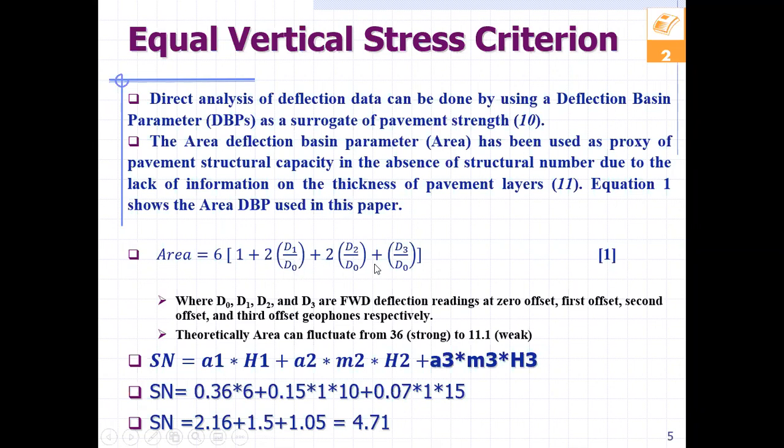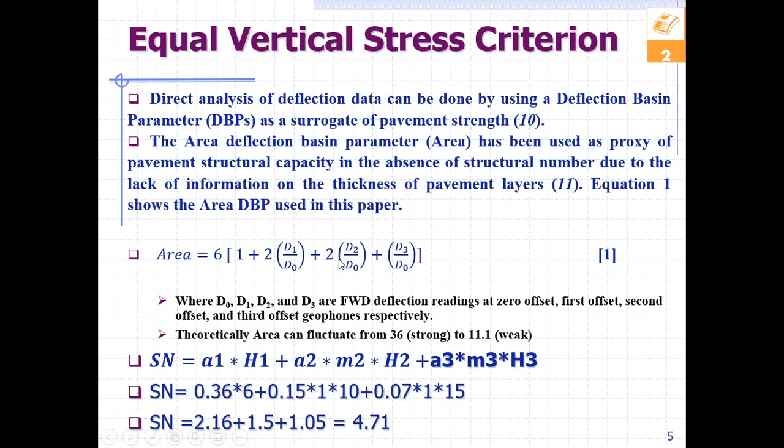That sensor is exactly where the plate hit the pavement. So it's a normalization. And when the deflection is the same for D1, D2, D3, and D0, then this goes to 1, this goes to 1, this goes to 1, and this will be 1 plus 2 plus 2 plus 1, that will be 6. 6 by 6 will be 36, and that is your theoretical maximum, okay?